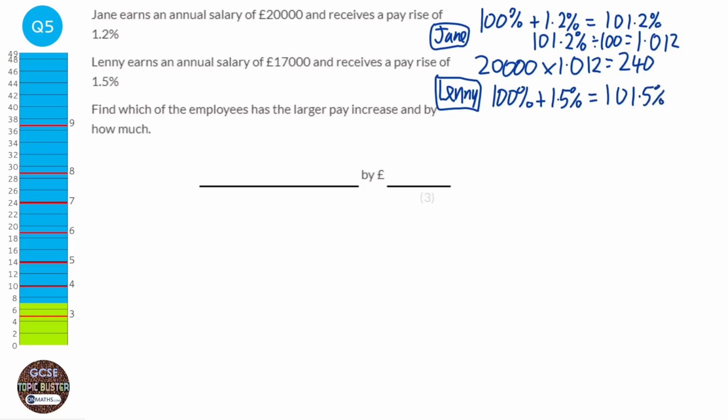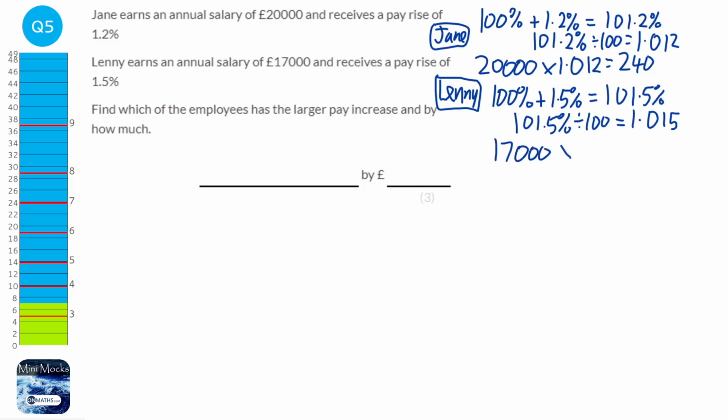Make that a multiplier, we divide that by 100, which gives us 1.015. And then finally what we do is we get the 17,000 times it by the multiplier. And when we do that, we get 255. So Lenny has 255, Jane has 240.